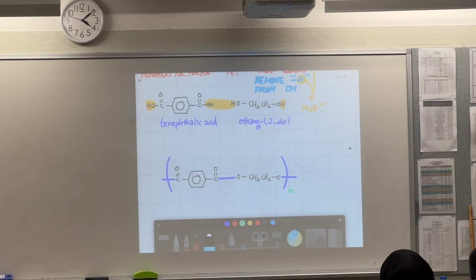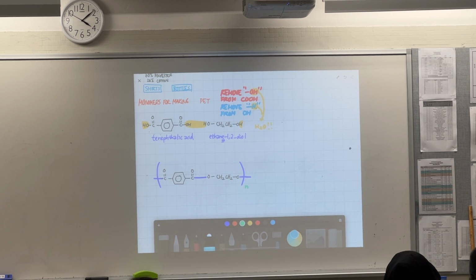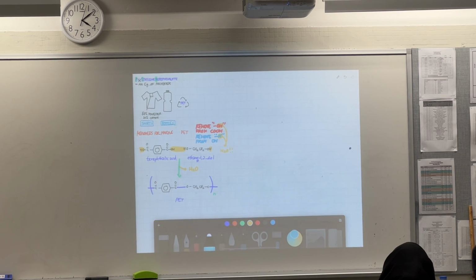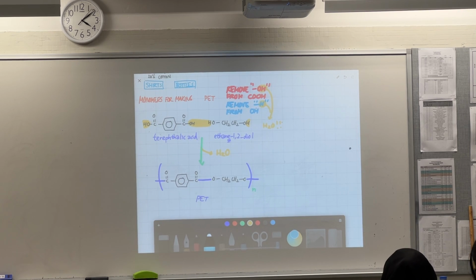Don't forget the n here. So the whole thing is PET. You don't have to copy that name again, just call it PET. We have removed a lot of water in the process. So that's PET. You just need to know that polyester has this important feature.